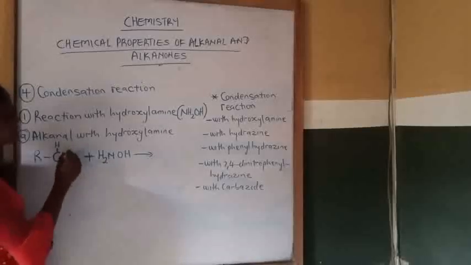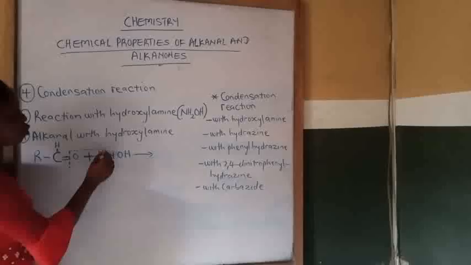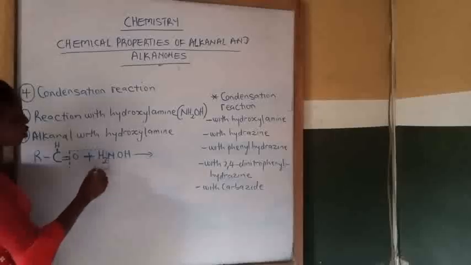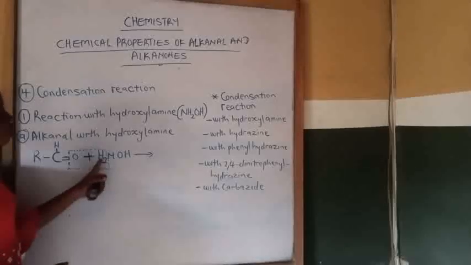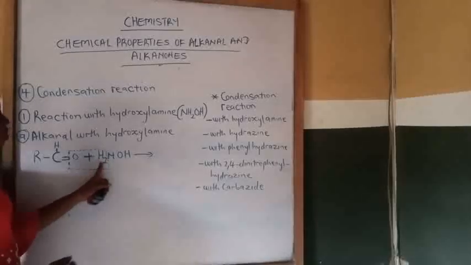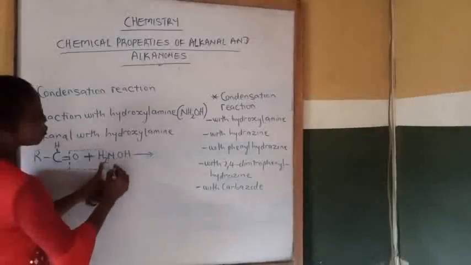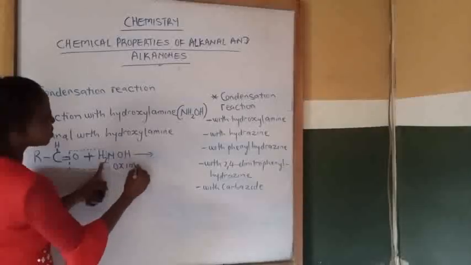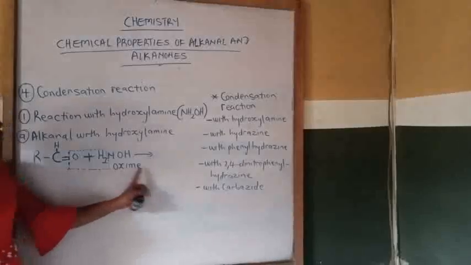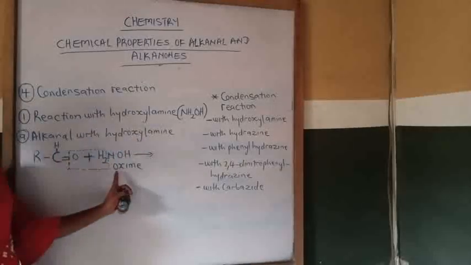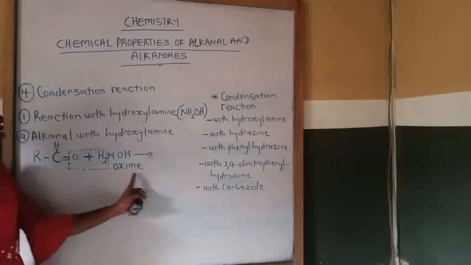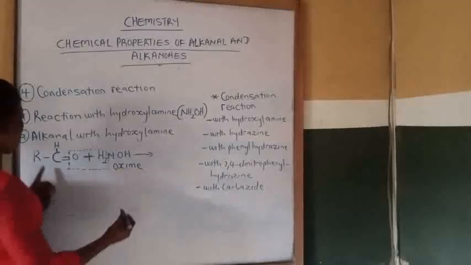Then the carbonyl oxygen will react with hydrogen from hydroxylamine. Removal of hydrogen from hydroxylamine will lead to the formation of what we call an oxime. So what will be our product now?